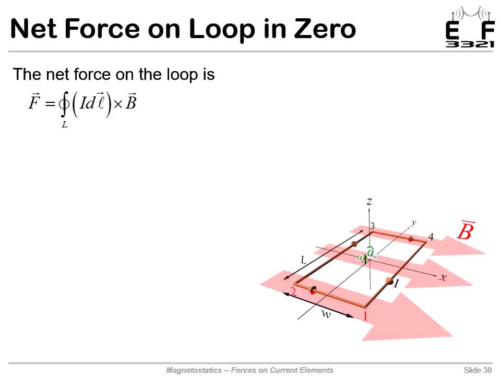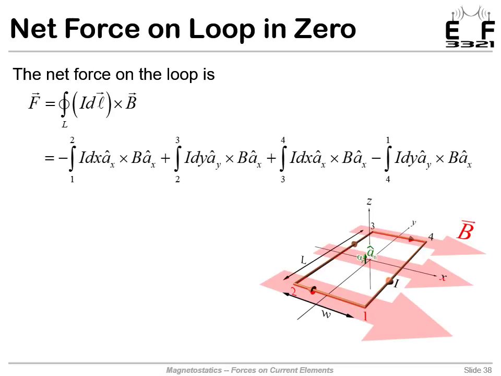Let's go ahead and integrate to calculate the total force applied to this loop. So we'll integrate from 1 to 2 to 3 to 4 and back to 1 again. So we're going to do this closed contour line integral as 4 separate straight line integrals. Let's go ahead and look at these one at a time.